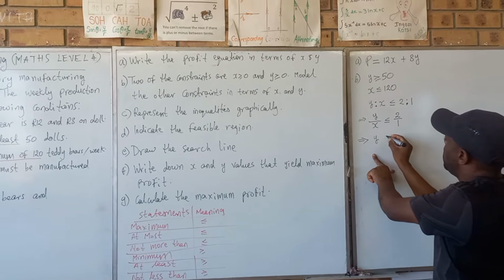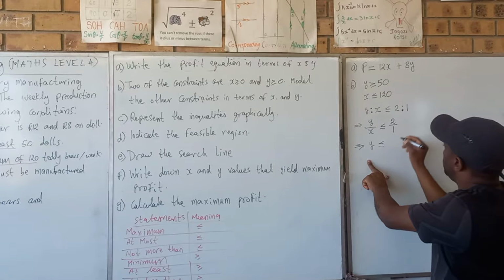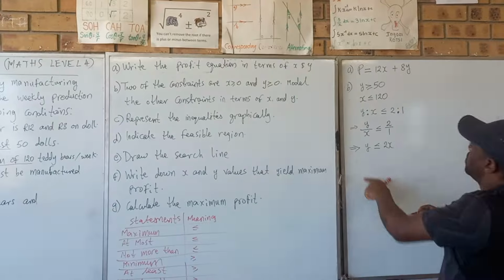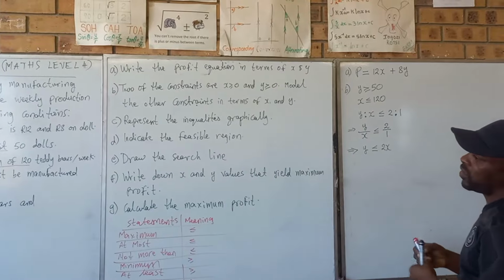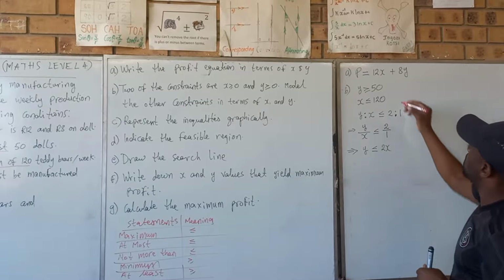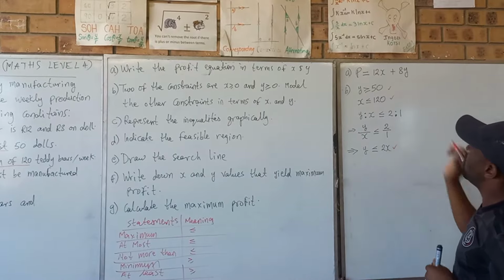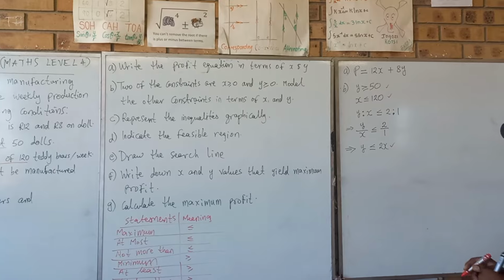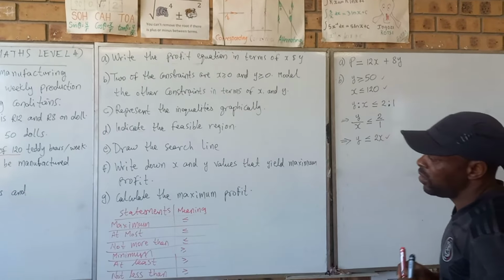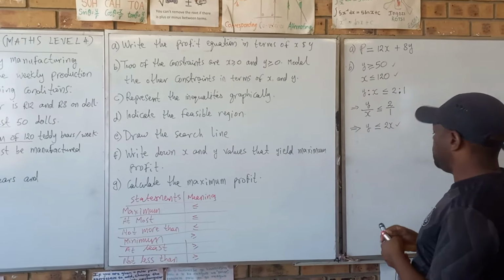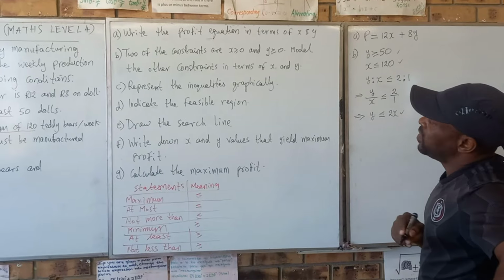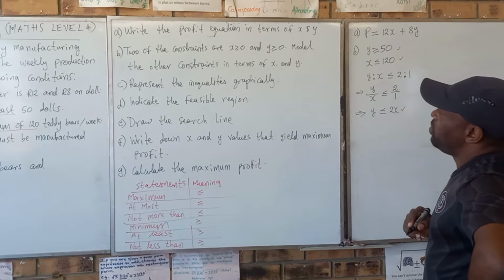You're left with Y less than or equal to, multiplying there, you get 2X. So we've got our 3 constraints for the last 3 conditions. Those are the 3 constraints that we pick out from the scenario. All you need is to understand that table. So I guess we are done with B.